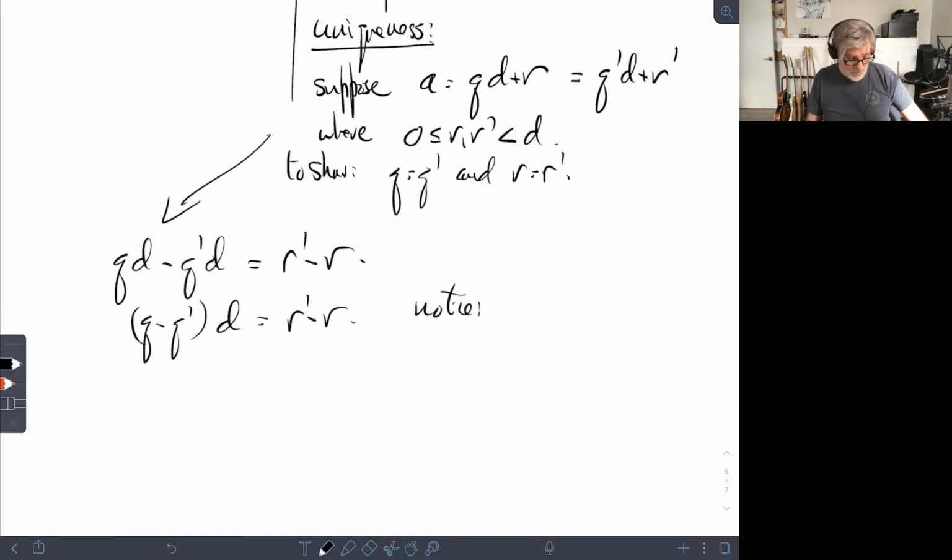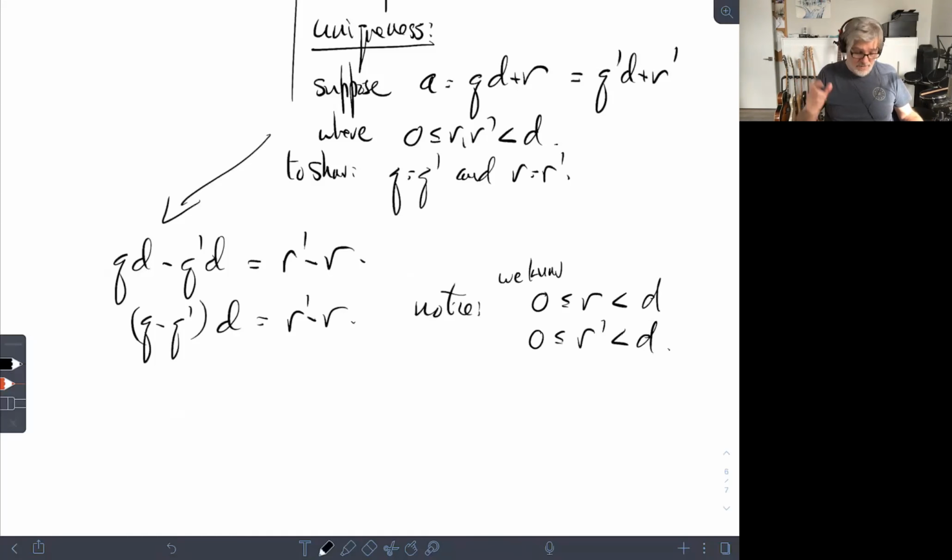So notice, R and R prime are between 0 and D. So we know this, right? If you look at their difference in absolute value, this must be less than D. They can't be further than D apart.